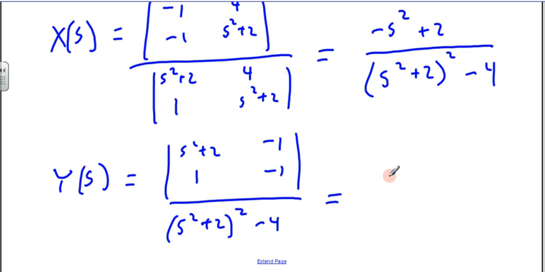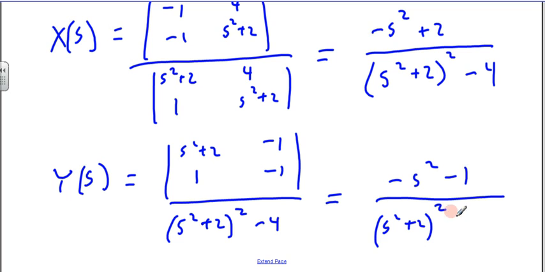And I'm going to have minus s squared minus 1 on top, and s squared plus 2, the quantity squared, minus 4 on the bottom. Now, if I haven't done anything wrong yet, everything would be fine. So we'll attack the X of s guy first. We'll solve him first.